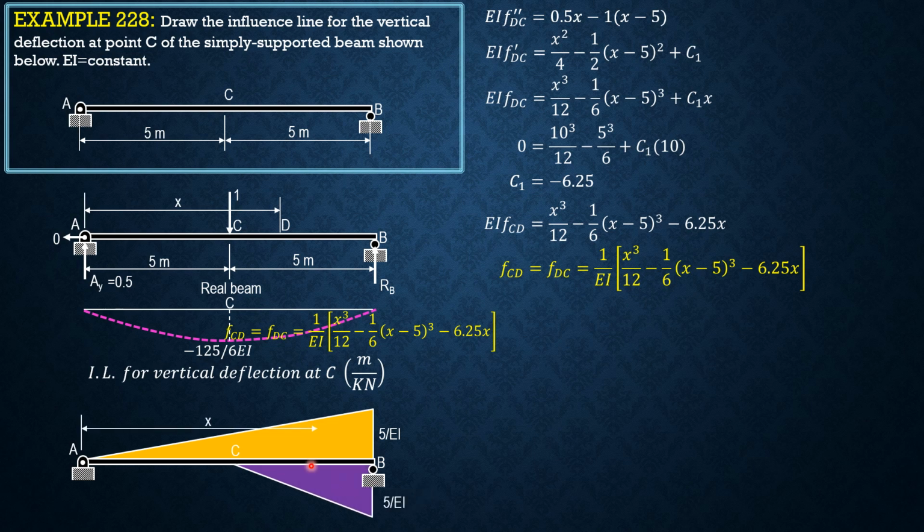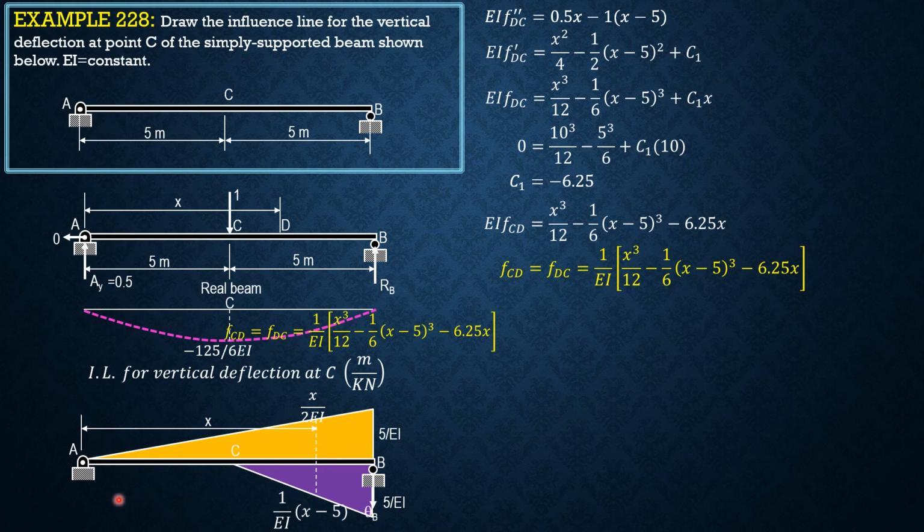So we select this as D at distance x from support A, and this is 1 over EI times x minus 5 because the unit load is 1 and this distance is x minus 5. While this is 1/2 times x or x over 2 EI.